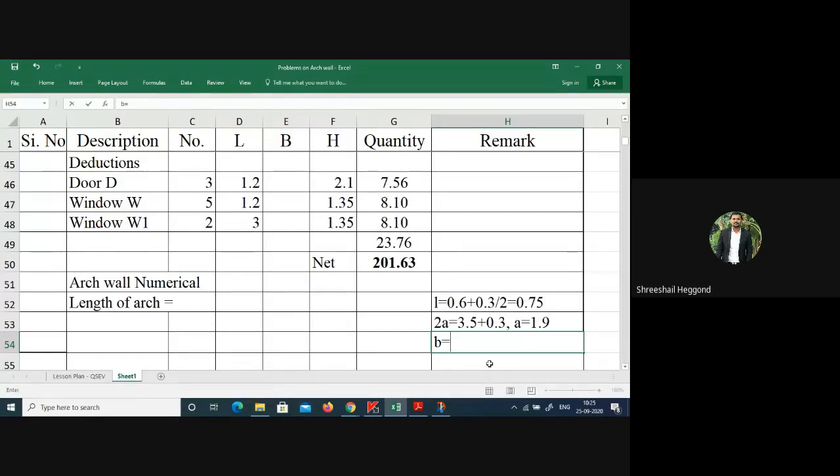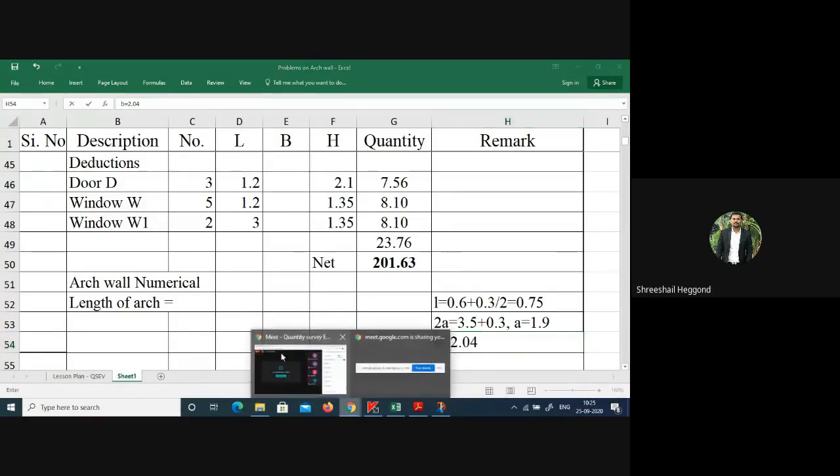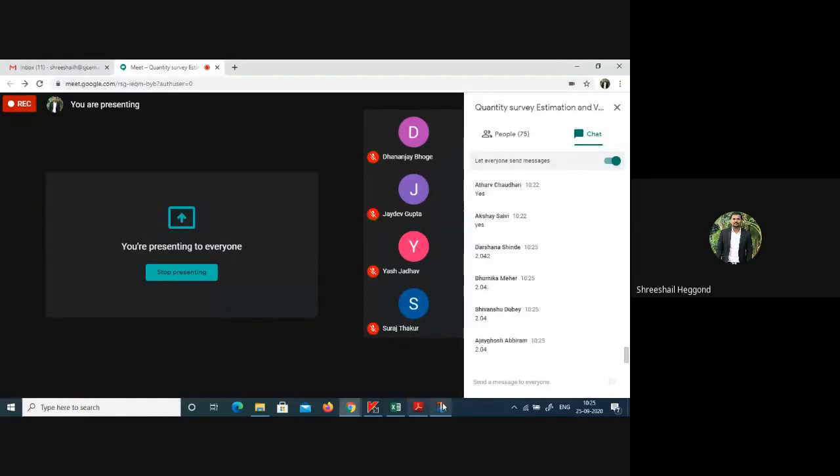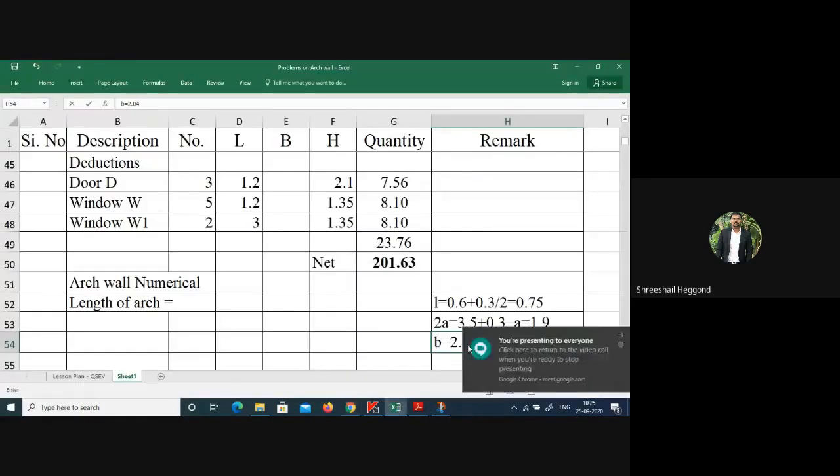The answer will be how much? 2.04. Tell me the answer, the B value. The equation is given to everyone. 2.04.